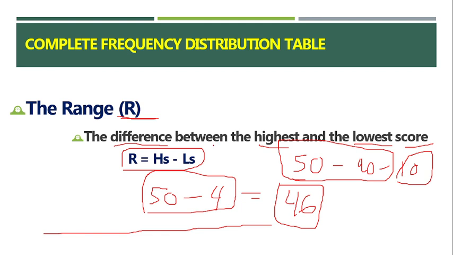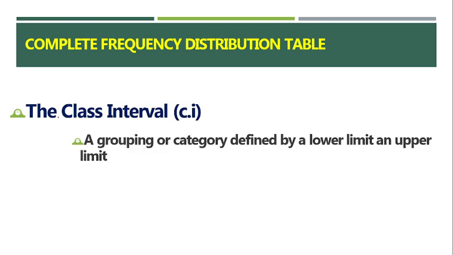Okay, so that's the range, the difference between the highest and lowest score. Next in line is the class interval. When we refer to class interval, I already explained this one. It contains the upper limit and lower limit. Again, upper limit and lower limit.